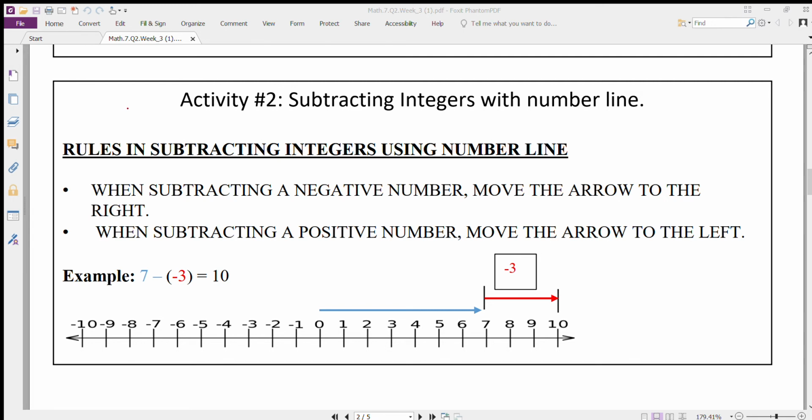Negative 7 stays as is, minus becomes plus, and 4 is now negative 4. This is AR, addition rule. Case 1. 7 plus 4 is 11, so your final answer is negative 11. Pause the video.